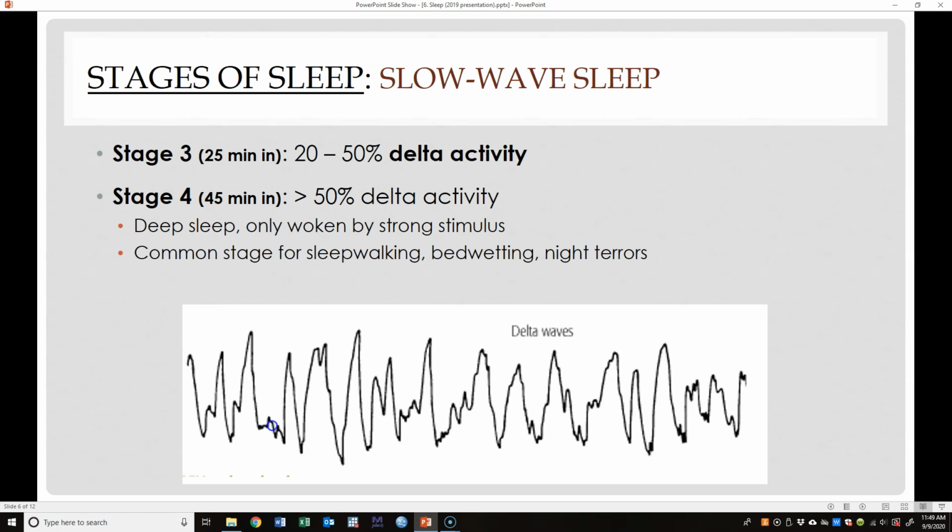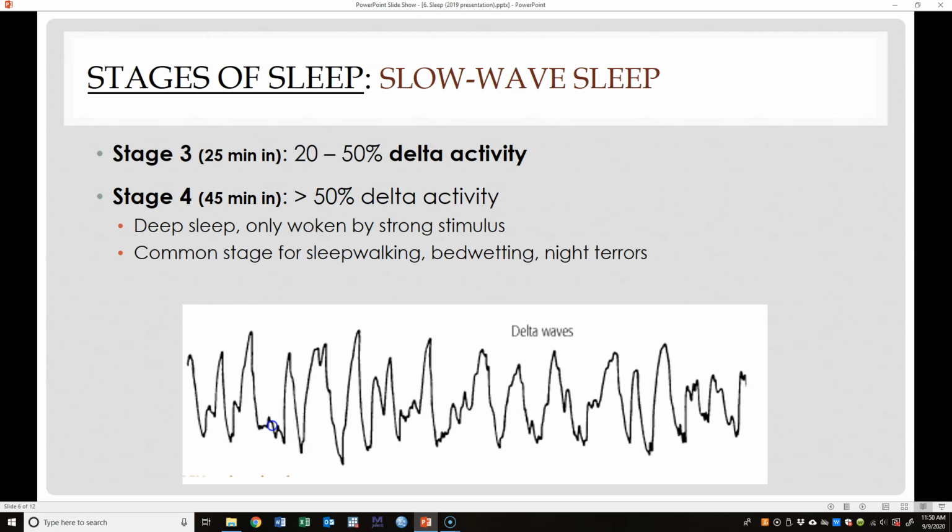Now, in stage 4 sleep, this is where certain types of activities become more common during deep sleep, and people are only woken by a strong stimulus. If someone shakes you, or your house falls in, that will wake people out of deep sleep, but it is more difficult to get people out of deep sleep than from those earlier stages.